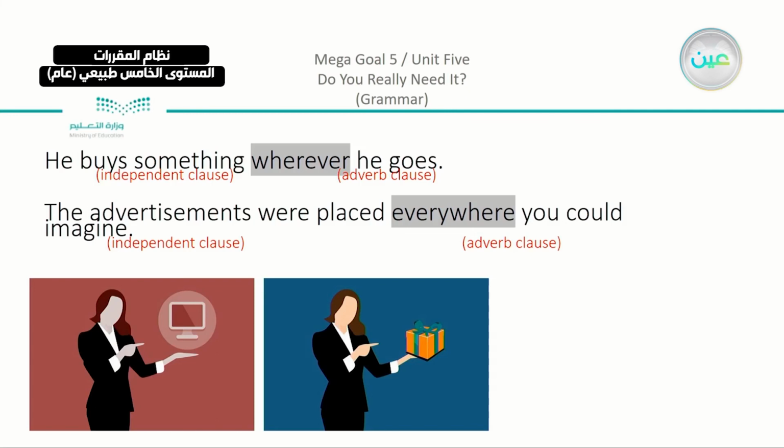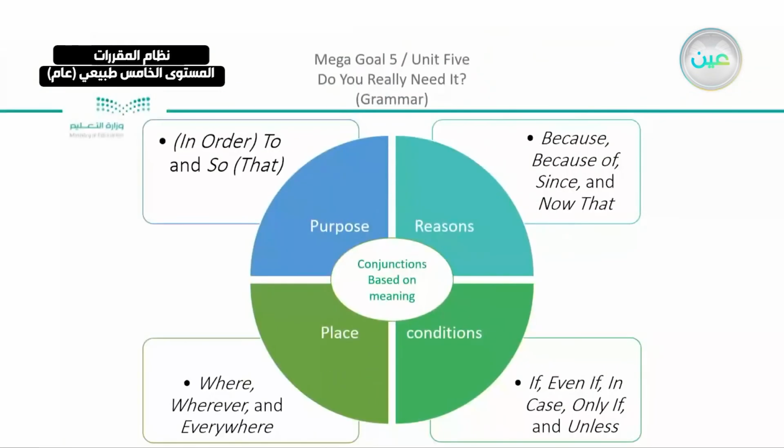And of course, in all the four parts, you can see that I placed the dependent and the independent clause, or we can say the adverb clause. Okay, after that, this is our fourth part. So you know that we use the adverb clauses either to give the information of reason, condition, purpose, or place.